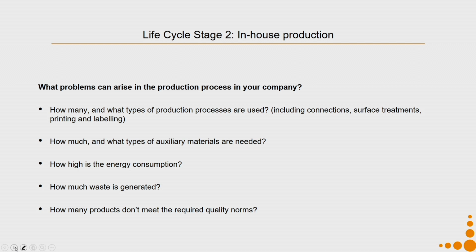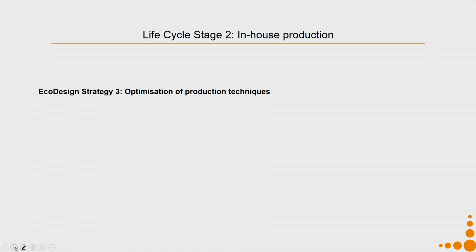So, in this particular stage, we can use optimization of production techniques. Many of these techniques require the intervention of specialists. We will in particular discuss those interventions which we as designers can do. For the other things, we need to optimize the production processes and so on.